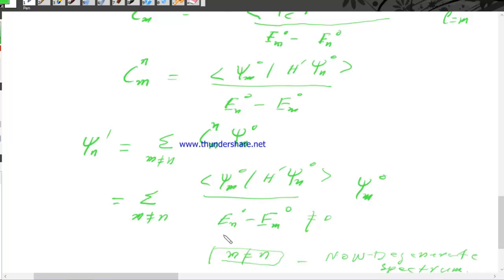And if this is equal to zero, then the non-degenerate perturbation theory has failed, and then we will apply the degenerate perturbation theory, and this topic we will discuss in the next video.